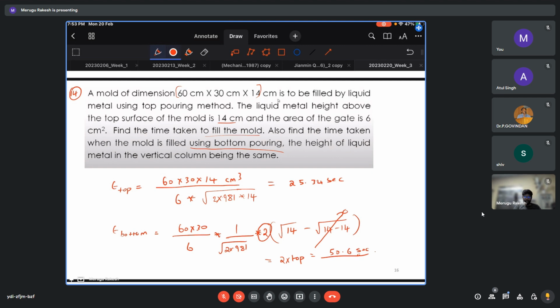So are you getting 50.6? So shall we move to the next question? I can give a shortcut for this aspiration effect to remove that formula.